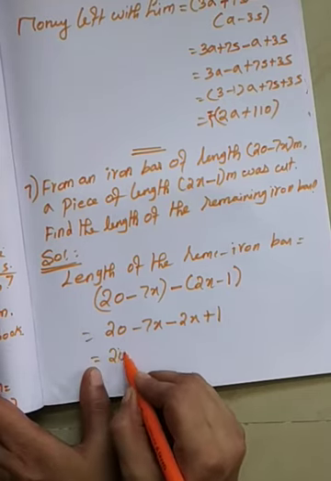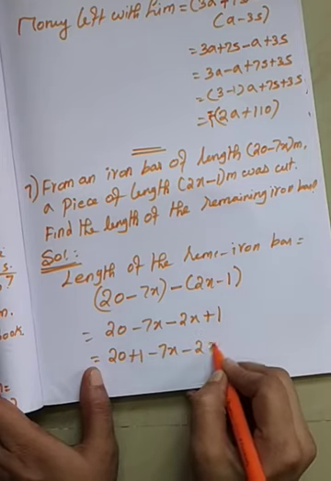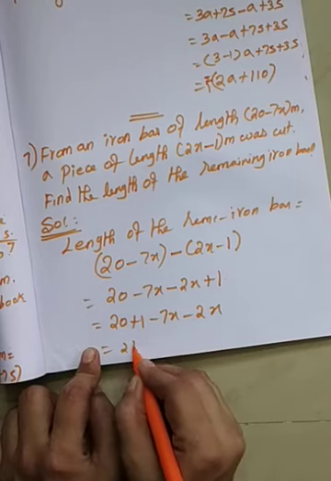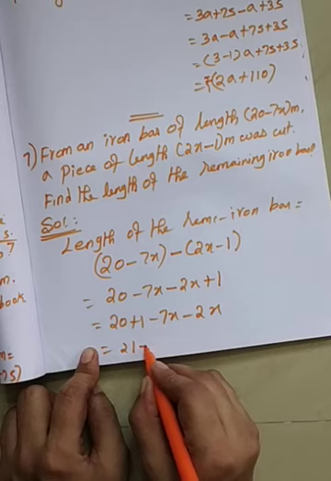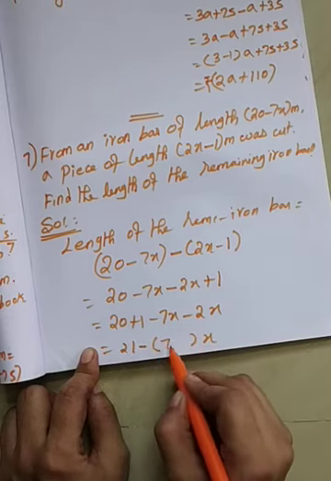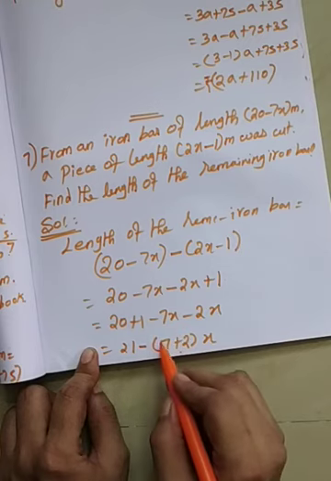See here, 20 plus 1. Next, minus 7x minus 2x. What is 20 plus 1? 21. See, minus x is common, so you have to write minus x. What is the remaining value? 7 plus 2. Why do you have to put plus 2 and then plus 7?